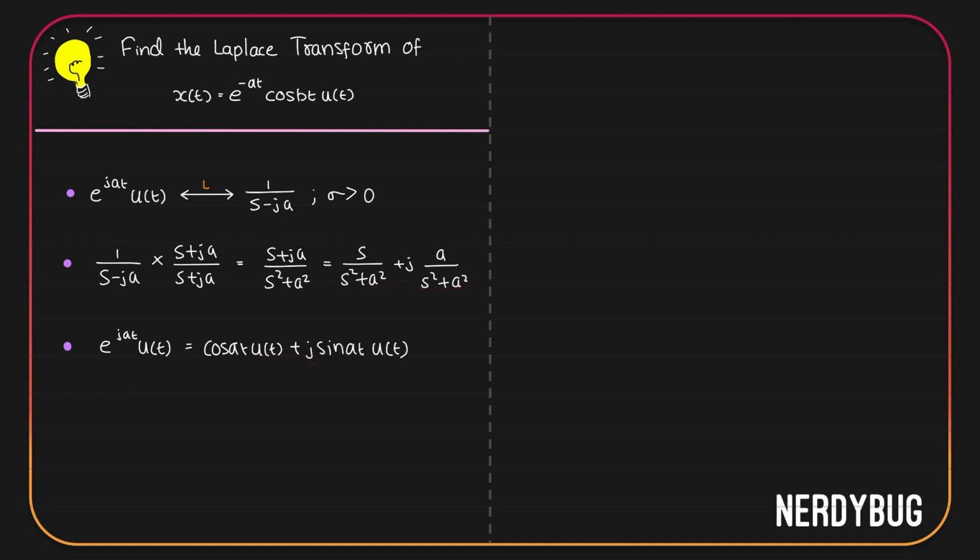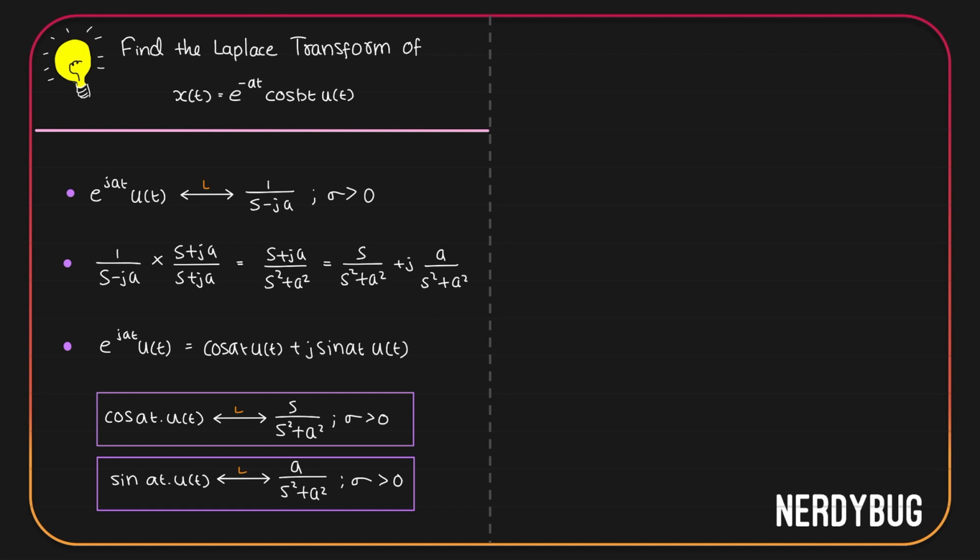Comparing and applying the linearity property, s by s square plus a square has to be the Laplace transform of cos at u of t, and a by s square plus a square has to be the Laplace transform of sin at u of t.